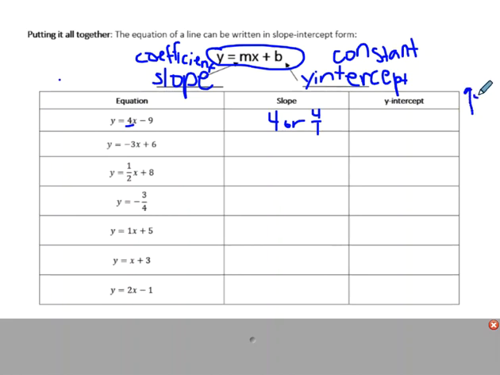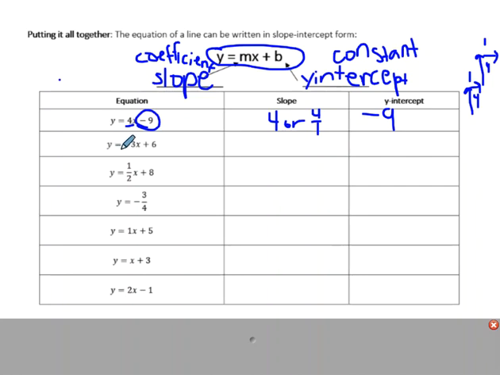You don't need to draw this. So there's my slope, and my y-intercept is the number after the plus b, so minus 9. We need to include that negative in front of it. My y-intercept is negative 9, so it crosses the y-axis at negative 9.